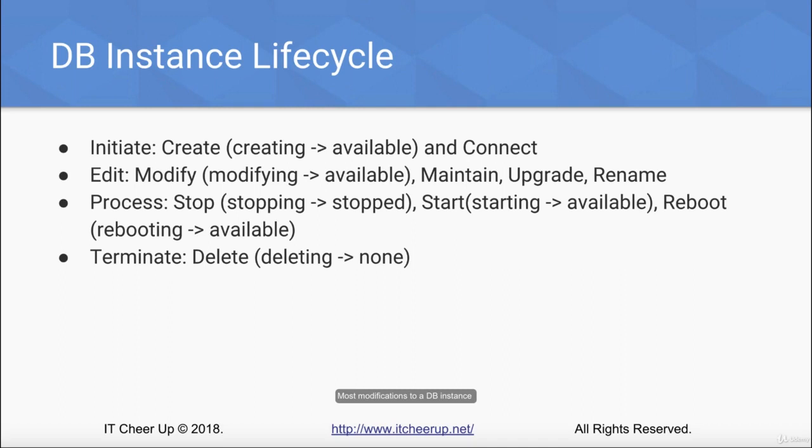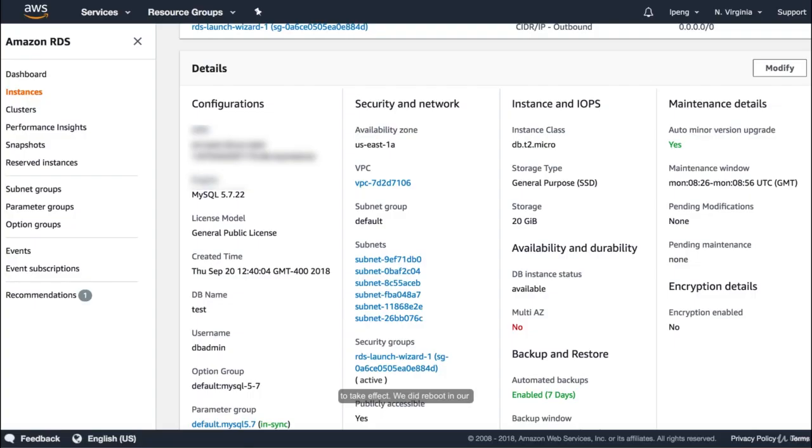Most modifications to a DB instance can be applied immediately or deferred until the next maintenance window. Some modifications, such as a parameter group, require that you manually reboot your DB instance for the change to take effect. We did a reboot in our multi-AZ failover simulation.